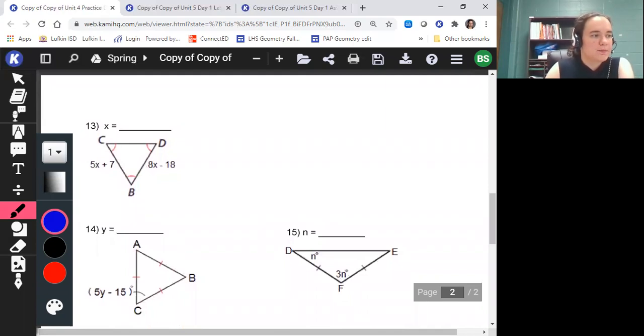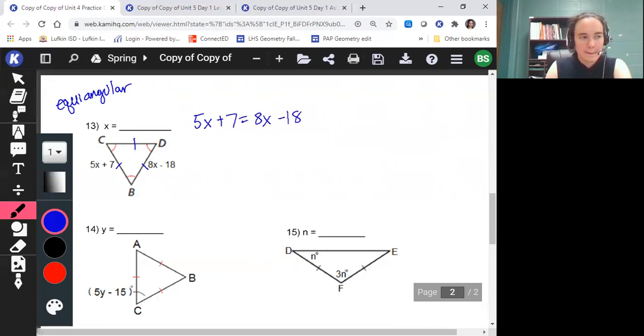Our next one, we have an equiangular triangle because all of the angles are equal. And since we have an equiangular triangle, we know we have an equilateral triangle, meaning that these sides are congruent as well. That tells us that we can set these sides equal to each other. 5x plus 7 equals 8x minus 18.